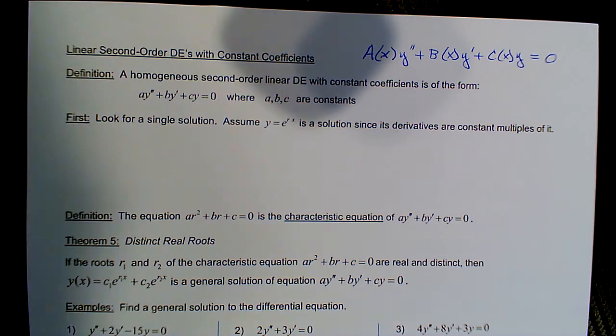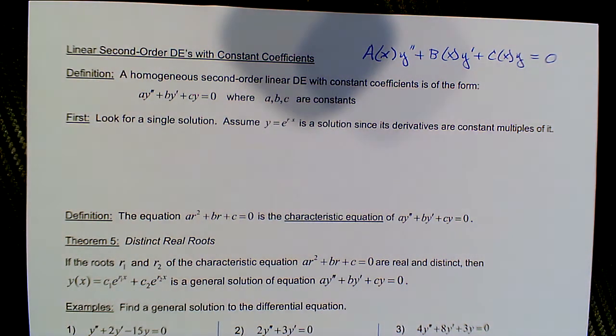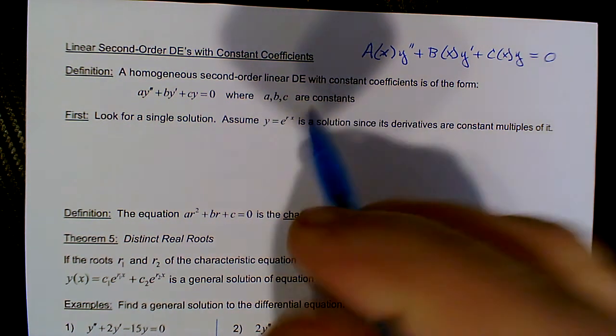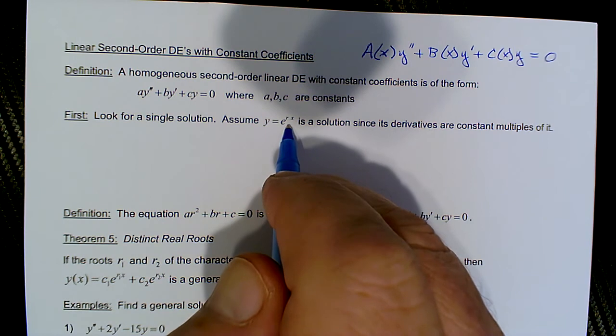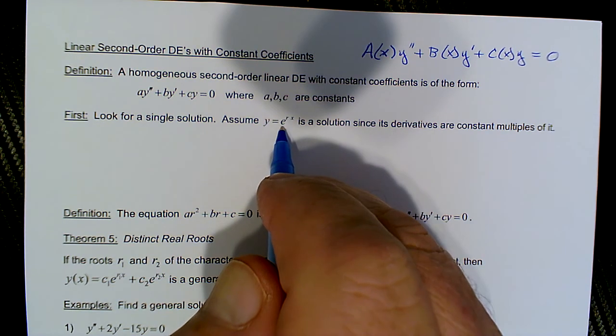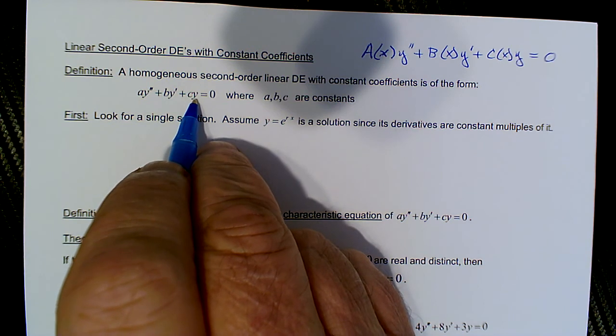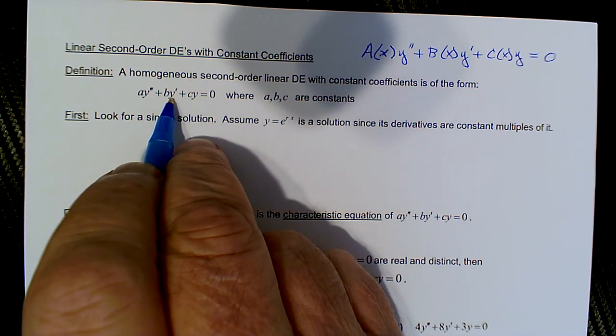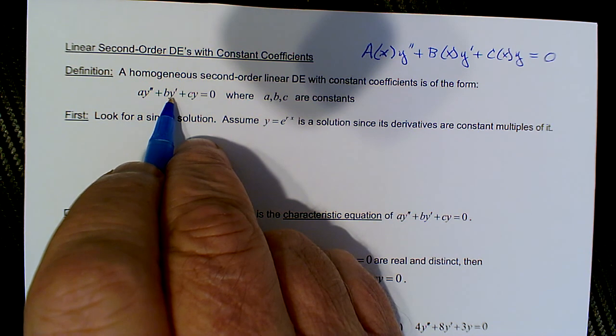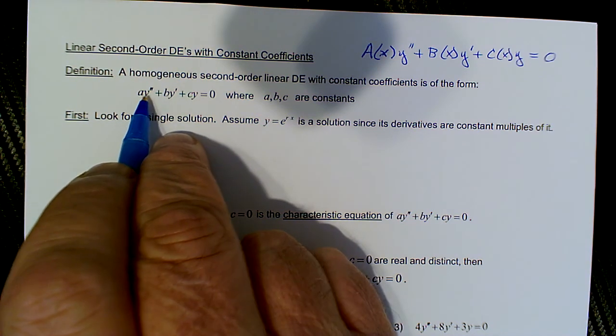And we're going to assume that e to the rx is a solution because the derivatives of e to the rx are just constant multiples of itself, so that if y is e to the rx, then y prime is just going to be a constant multiple, r e to the rx, and y double prime is r squared e to the rx.